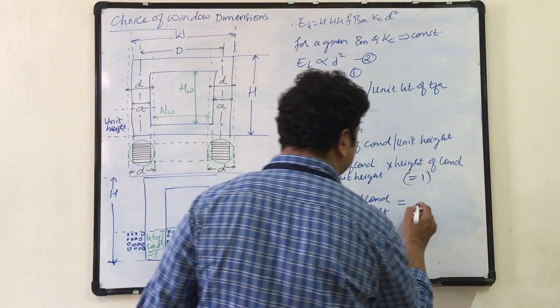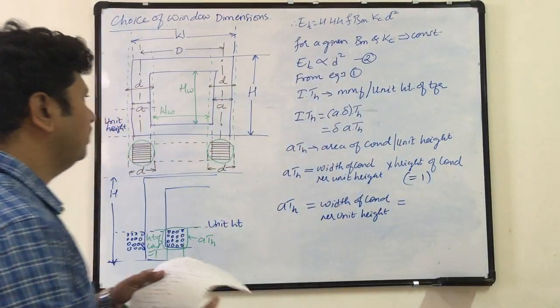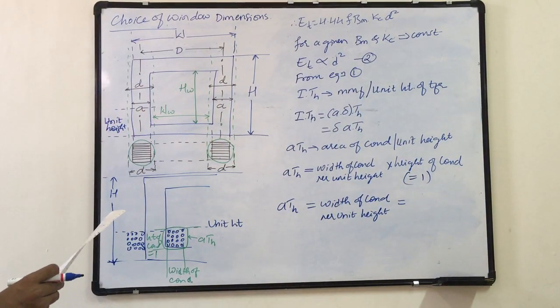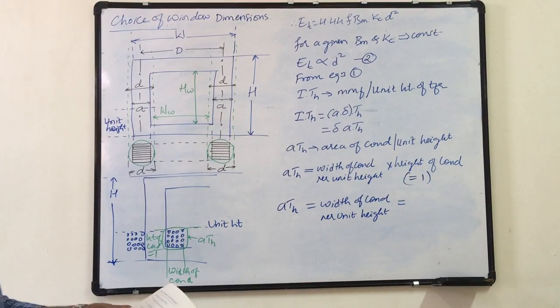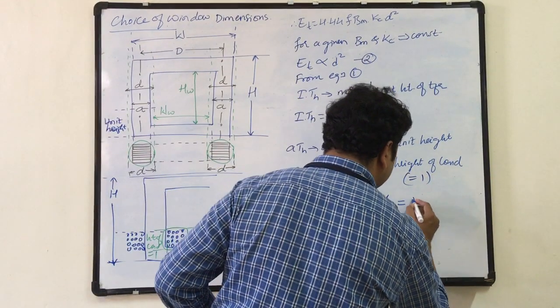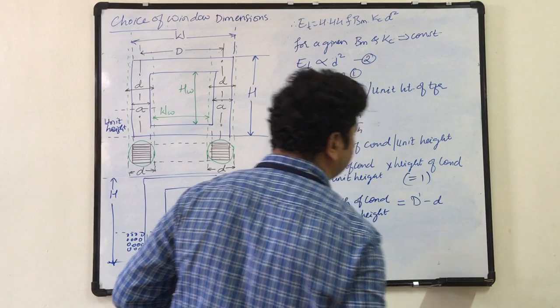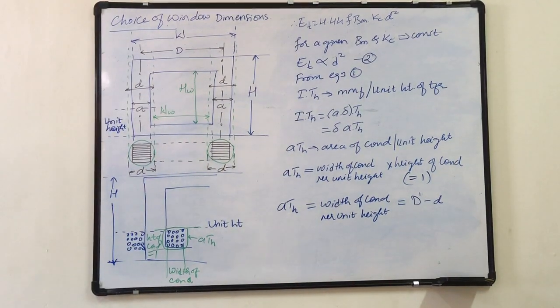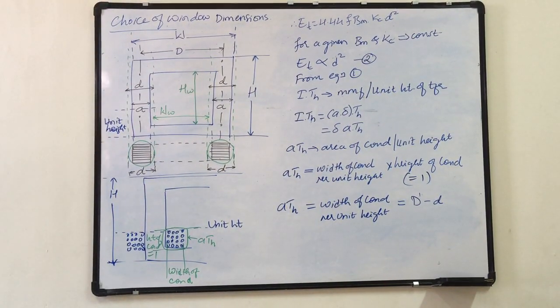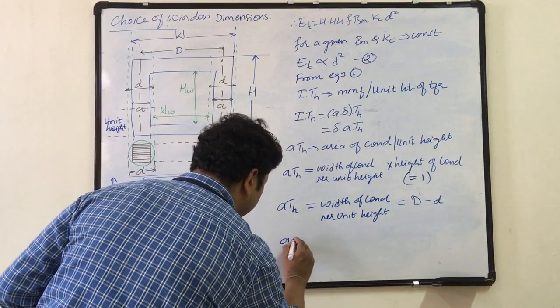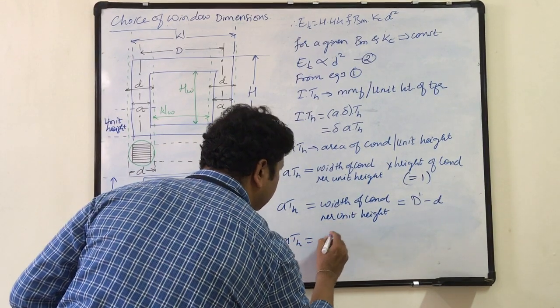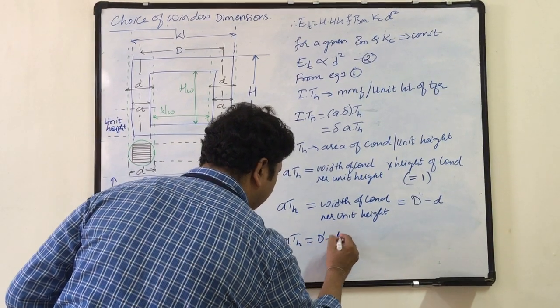And what is the width of conductor from equation A? Width of bare conductor from equation A was D dash minus D. So A into TH is equal to D dash minus D.